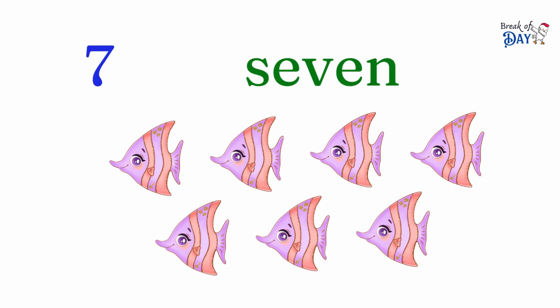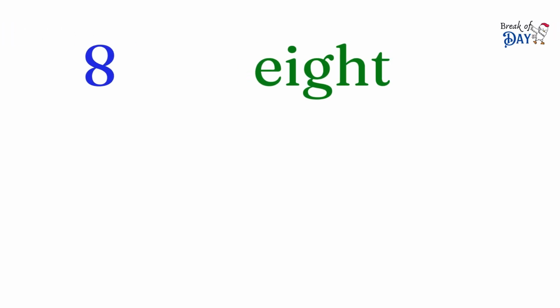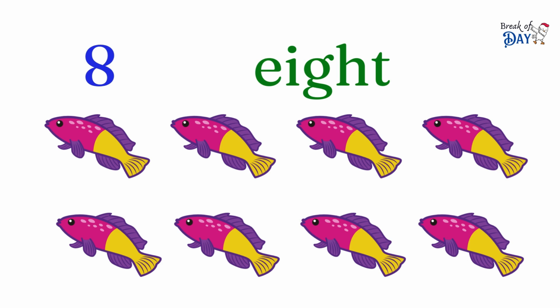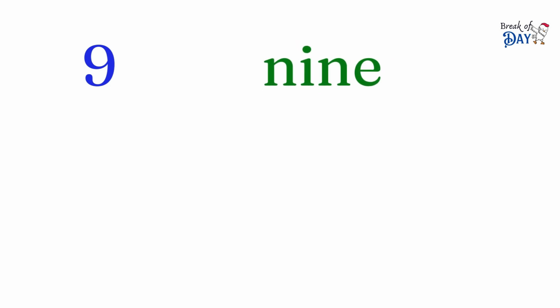There are 7 fish. This is number 8. E-I-G-H-T. Let's count them speedily. 1, 2, 3, 4, 5, 6, 7, 8. There are 8 fish. This is number 9.